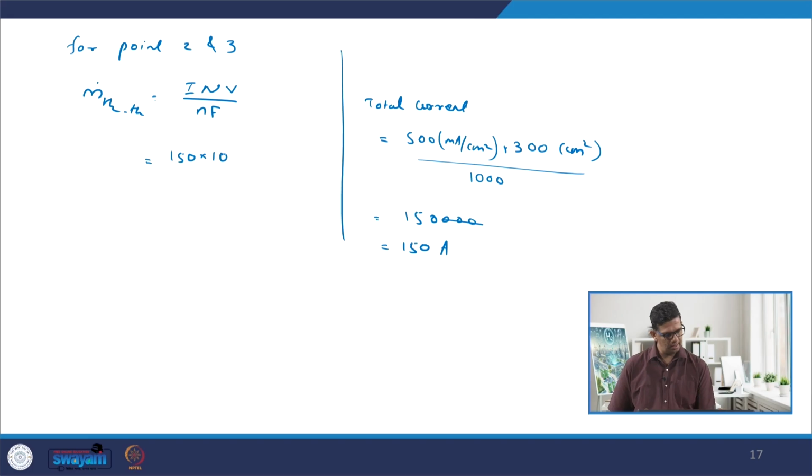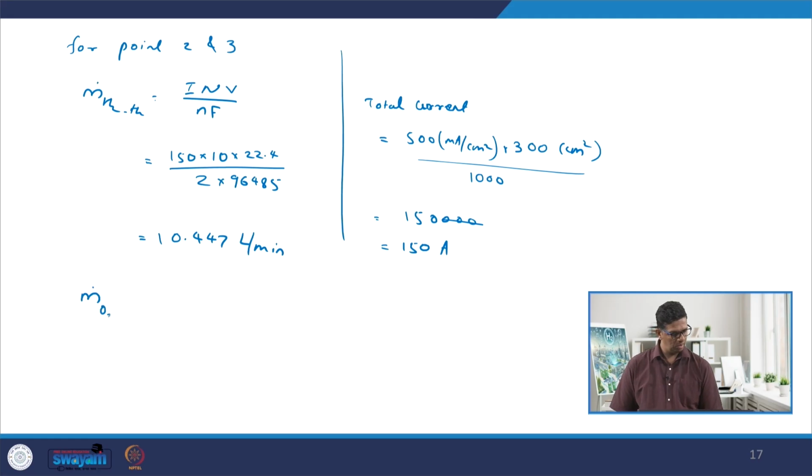There are 10 cells in the stack and molar volume is 22.4. We are talking about the hydrogen flow rate. So, N should be 2, Faraday's constant same 96,485. So, if we calculate this, this comes somewhere around 10.447 liters per minute, and we can also find out m dot O2.